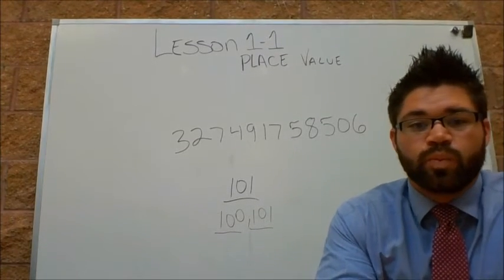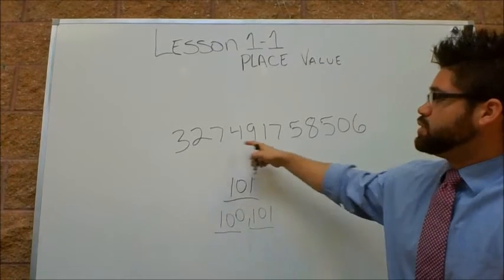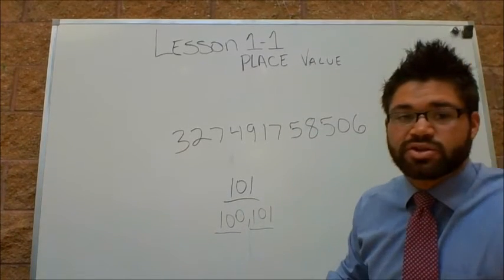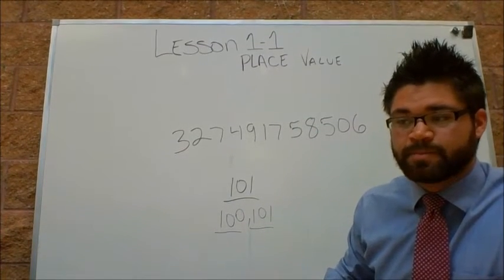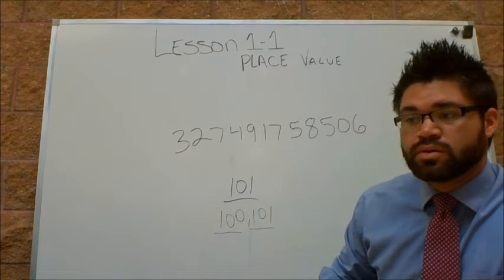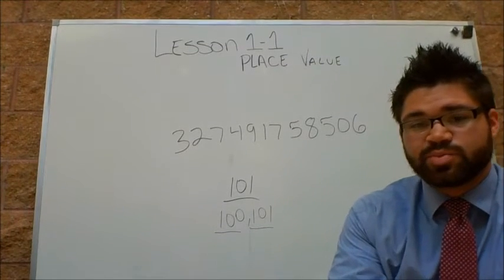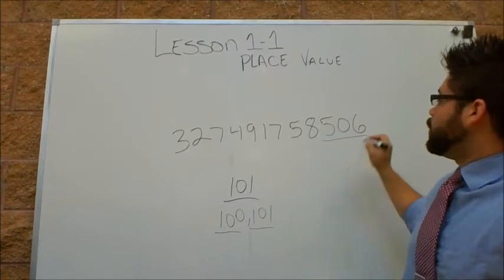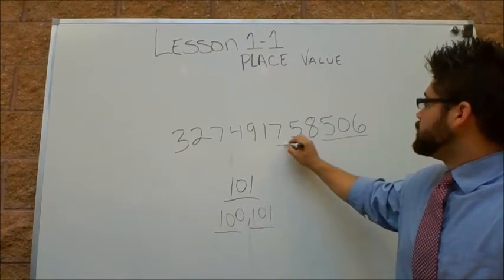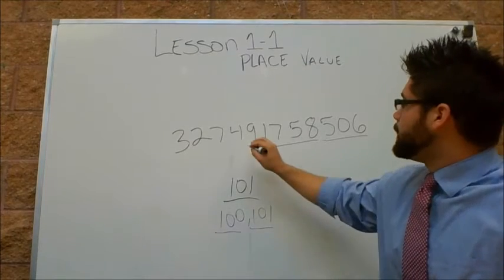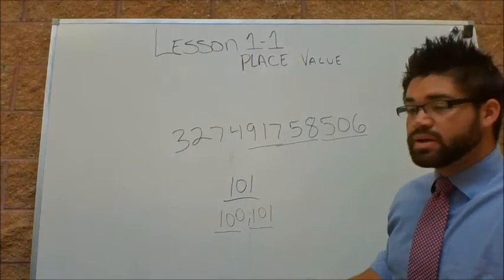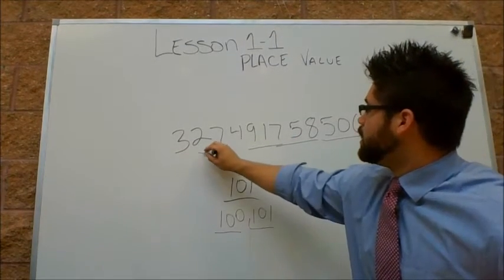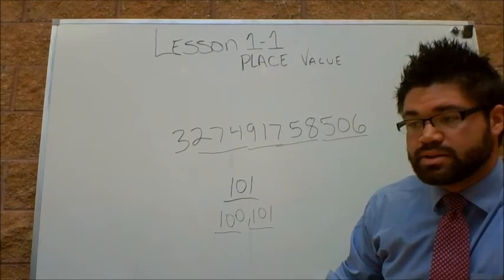Okay, so looking at this number that we just wrote, what are the first 4 periods? Okay, so beginning with the least, the first period we have are the ones, the thousands, the millions, and billions.